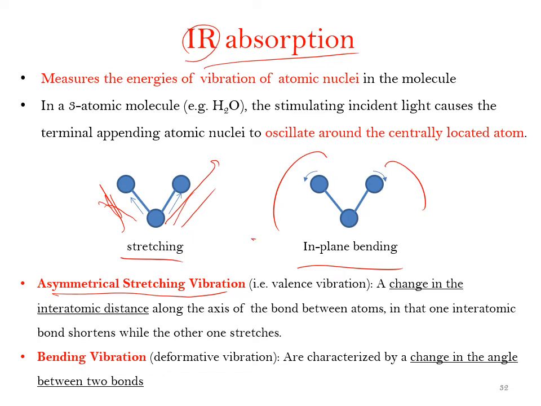On the other hand, the bending vibration, or called deformative vibration, is characterized by a change in the angle between two bonds. Change in angle between two bonds will cause IR absorption, and that absorption can be detected.